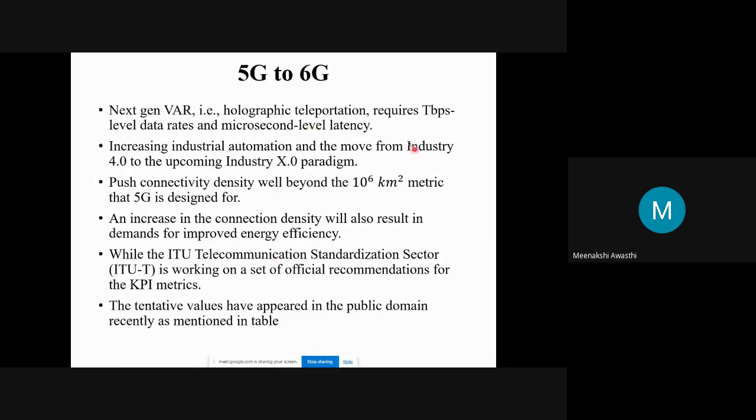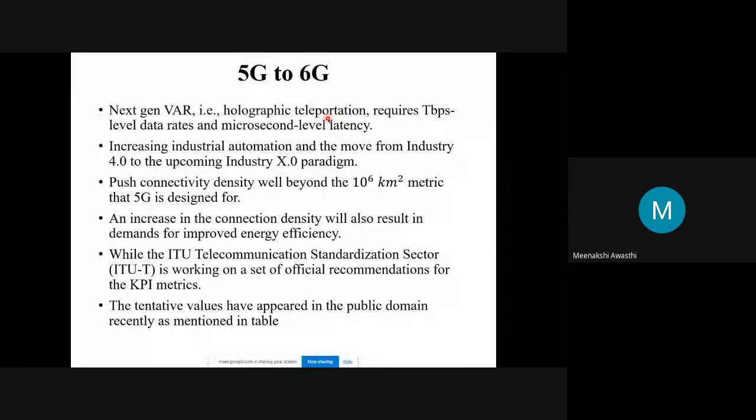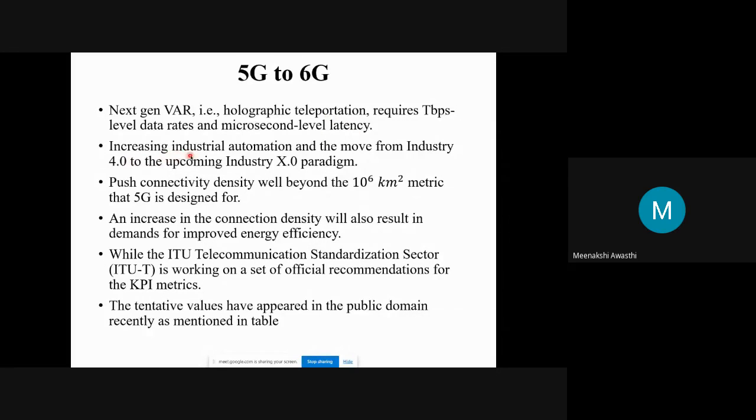See the beauty of 6G: terabits per second data rate and microsecond level latency. With these data rates and this latency, we can imagine holographic teleportation as a feature of 6G.